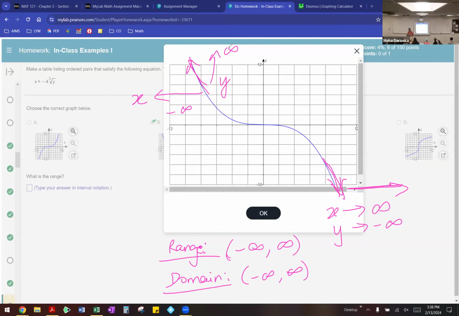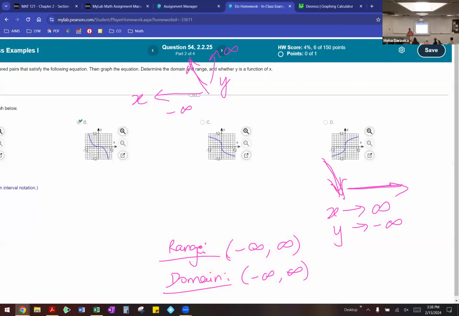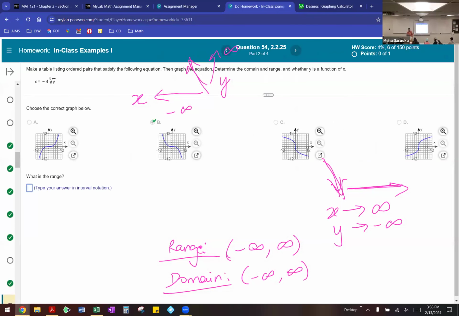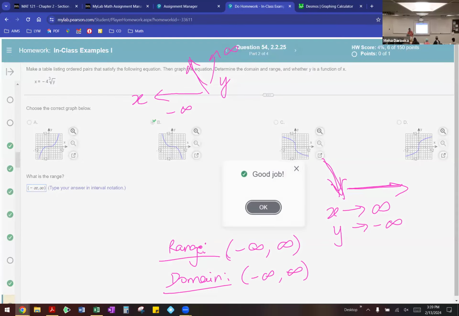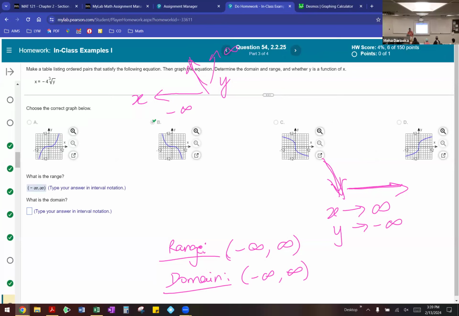So let's go ahead and plug these numbers in. Again, we're going from negative infinity to positive infinity. Close, check that, looks good. Domain, same thing, I guess I could have copy and pasted.